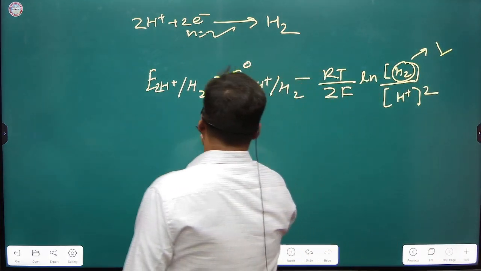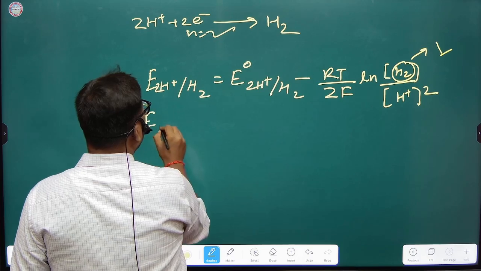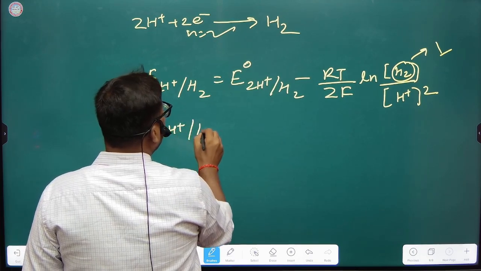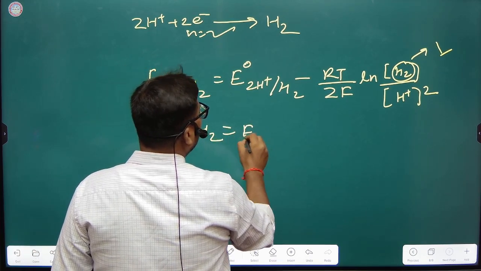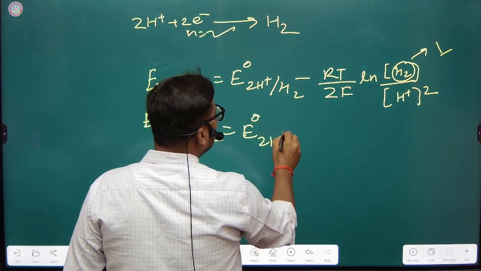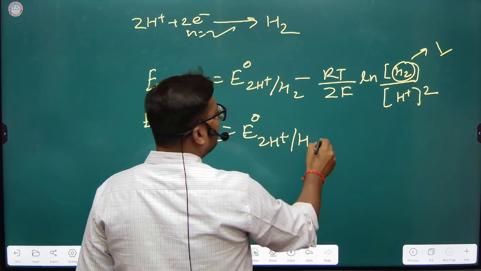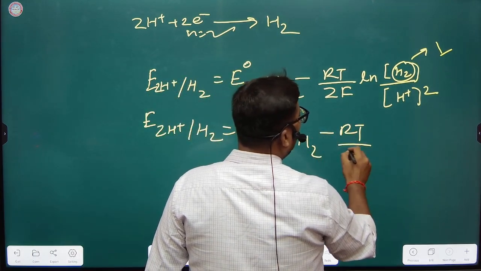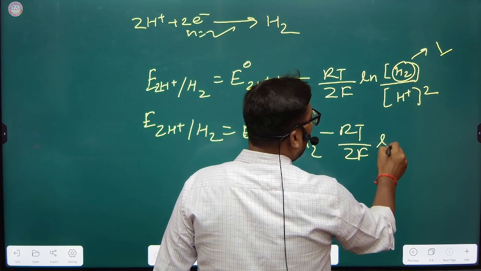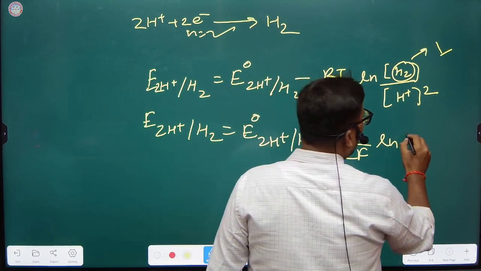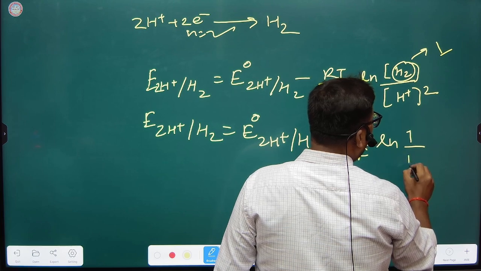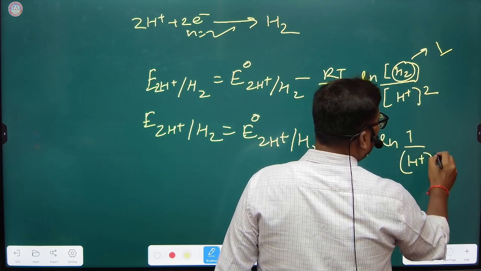So this will be E 2H plus H2 equals E naught 2H plus H2 minus RT upon 2F ln 1 upon H plus whole square, right?